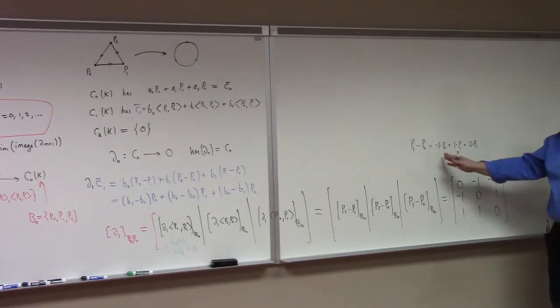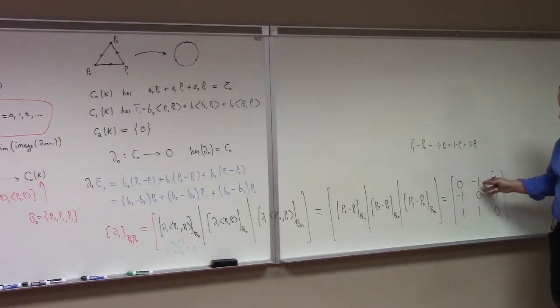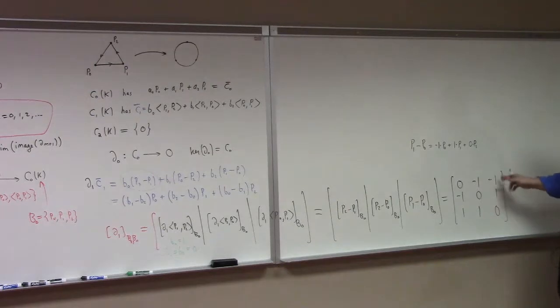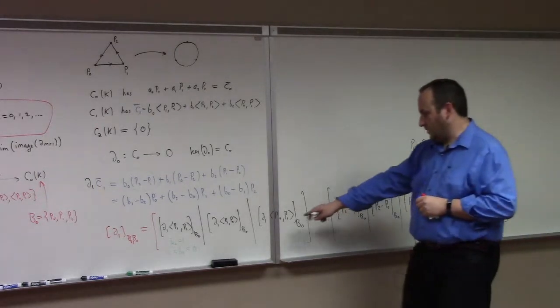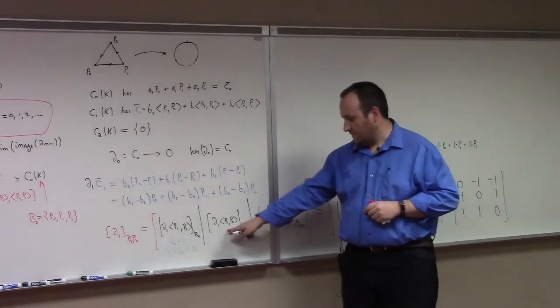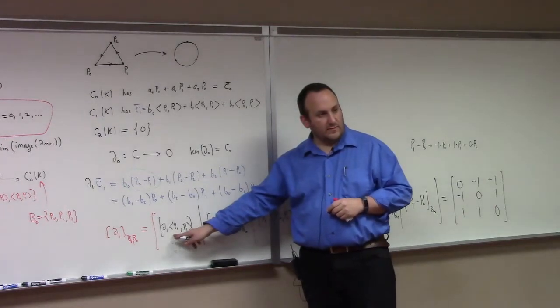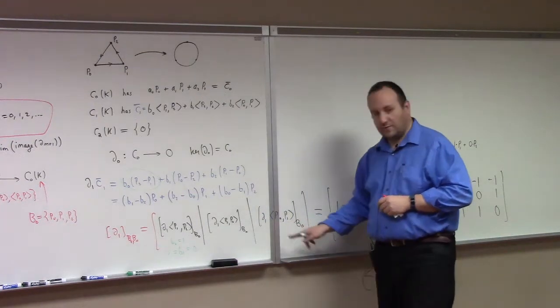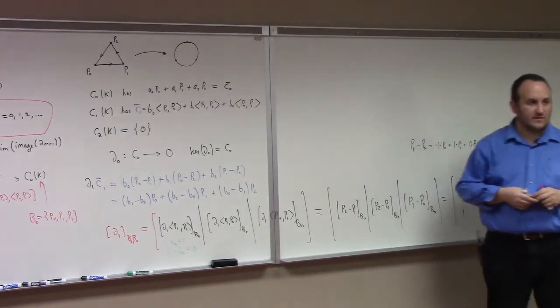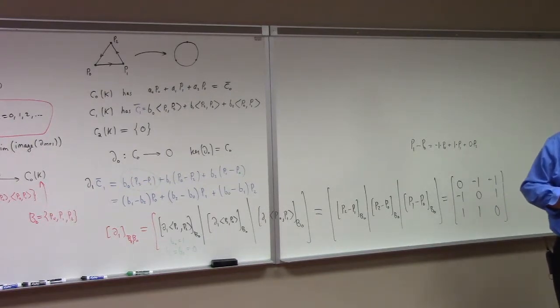And then we rip off the coefficients: minus 1, 1, and 0. Where are those things coming from? Those are coming from the partial boundary 1 acting on the basis for the 1 chains: the 1, 2 line segment, the 1, 2, 1 chain, the 2, 0, 1 chain, the 0, 1, 1 chain. These 3 1 chains form the basis for the 1 chains, the 3 independent legs of the triangle.